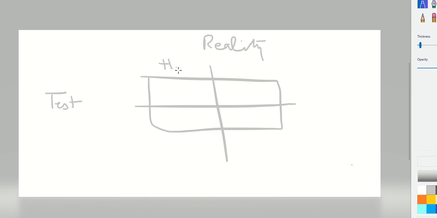So the reality, either the null is correct or the null is false. The test either tells you to fail to reject or to reject. And this is the 1 minus alpha. This is the type 1 error, also called alpha. This is the type 2 error, also called beta.